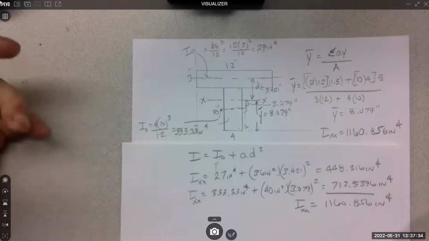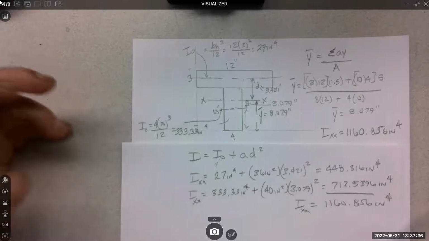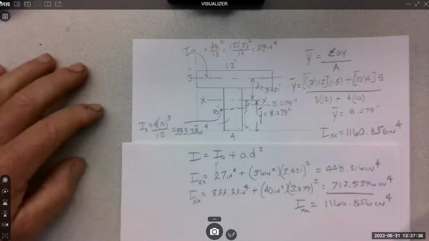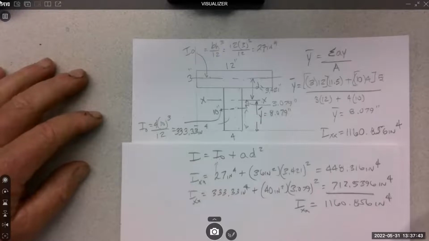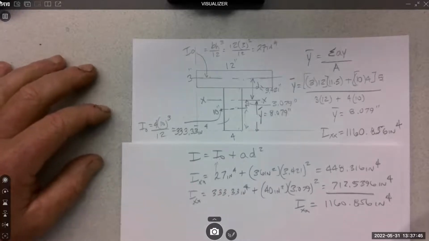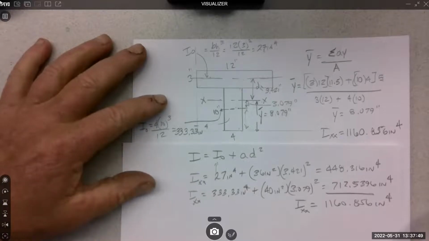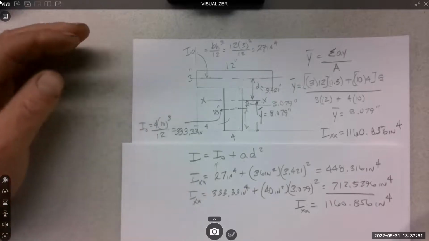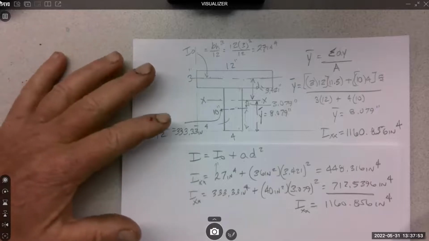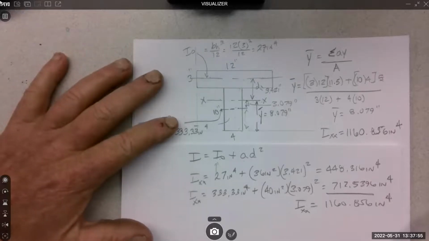Or if we did shear stress on this one, it would be that crazy VQ over IB, so I wouldn't probably have you do that. That's why they didn't ask you to do shear stress on the problem. So we'll just do bending stress. We can't do deflection either because it's not a beam out of the back of the book. Yeah, it is a beam out of the back of the book, so we can do deflection.